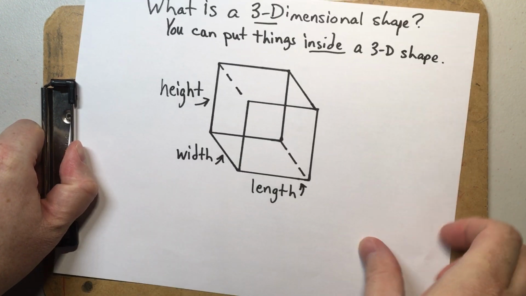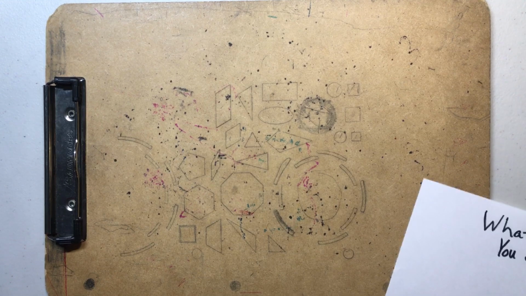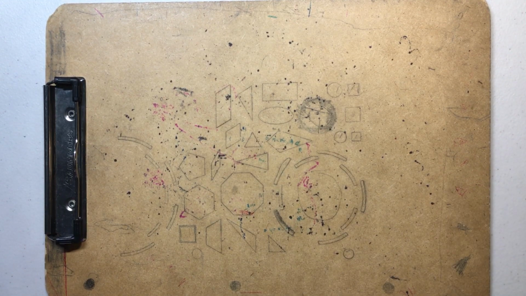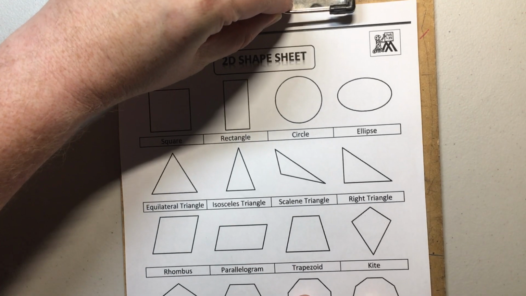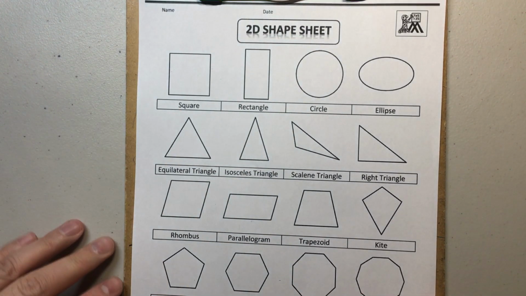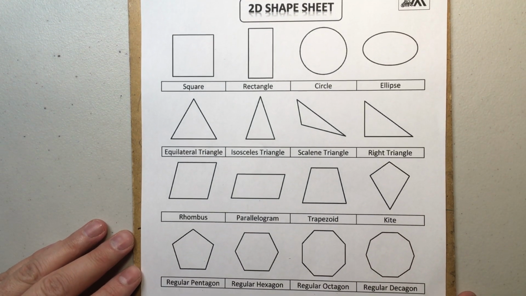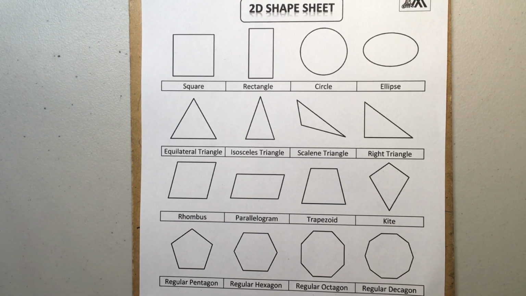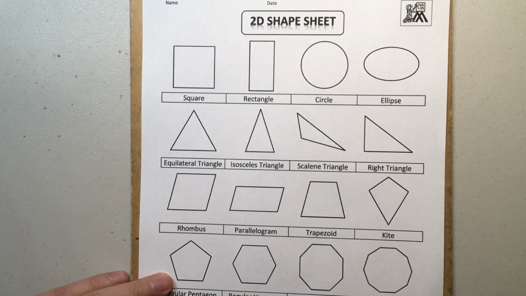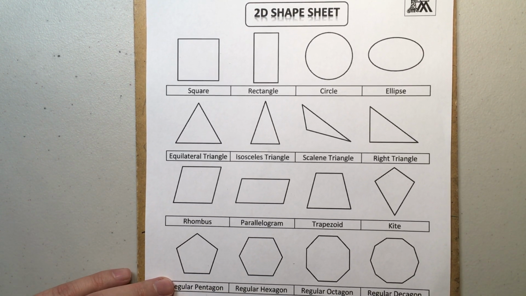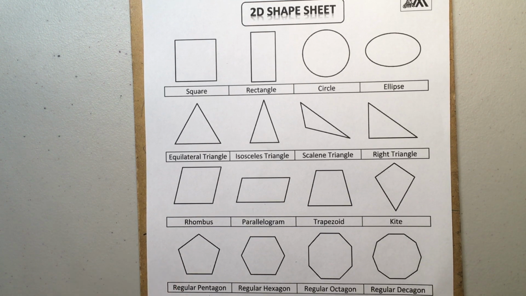So I'm going to take this off now. You can tell that this has been having some use in the classroom. All right, so we want to take a look now at two-dimensional shapes. I was able to get this one offline for free, and I'm thrilled that I was able to do that, so thank you. Now remember, these shapes here have height and they have length, but they don't have width.